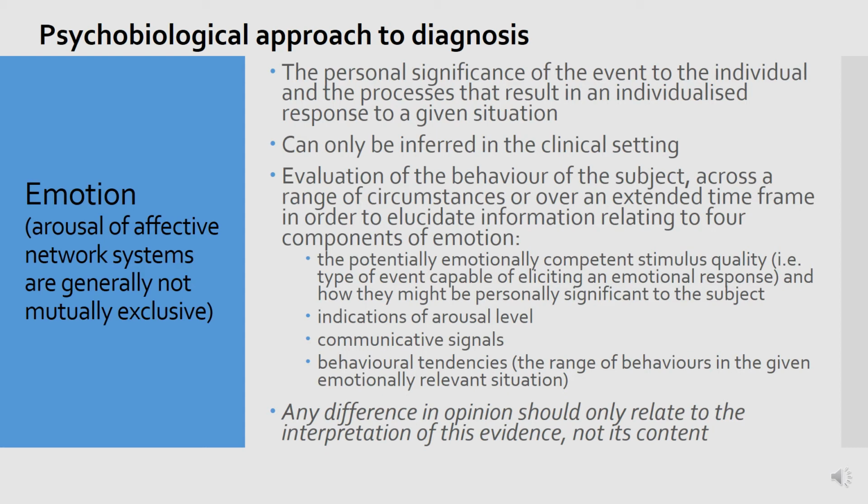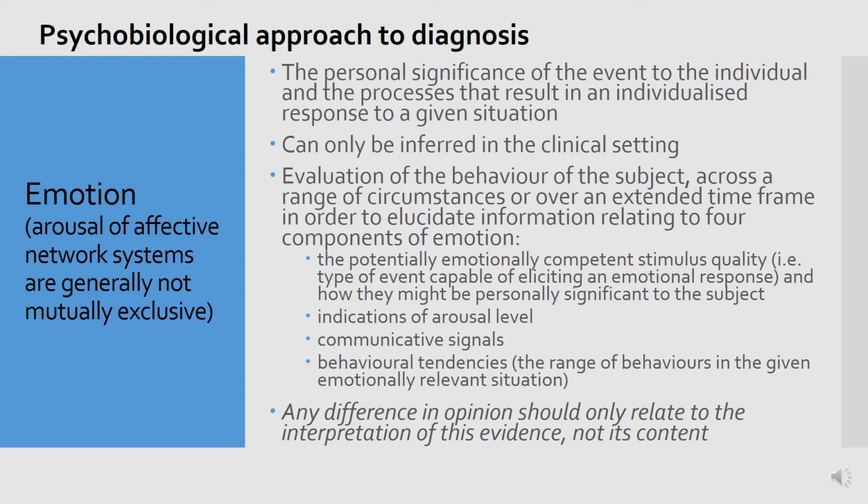A third feature of emotional responses is that they feature communicative signals. These are postures, actions, micro-actions made by the individual designed to try and communicate its personal state. And this serves an important function because it's important for other individuals within a social group to understand in what emotional state an individual is in order to respond appropriately and minimize conflict.